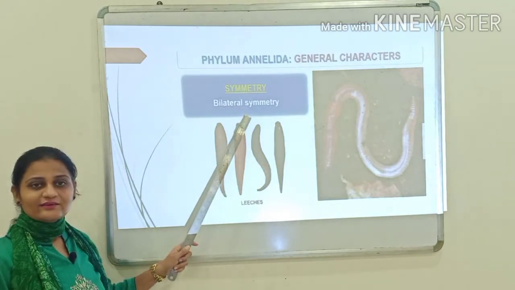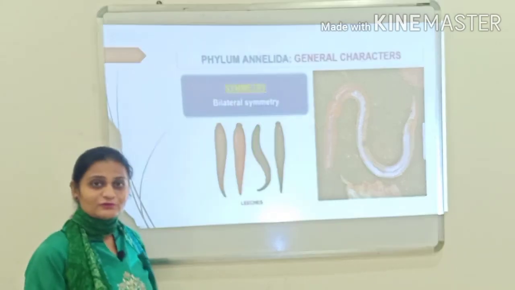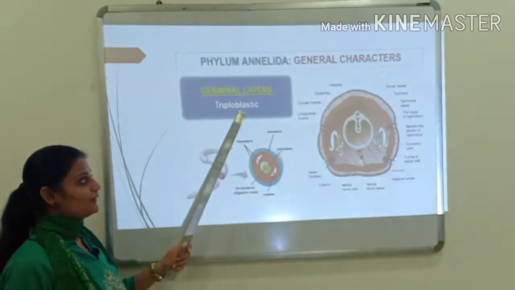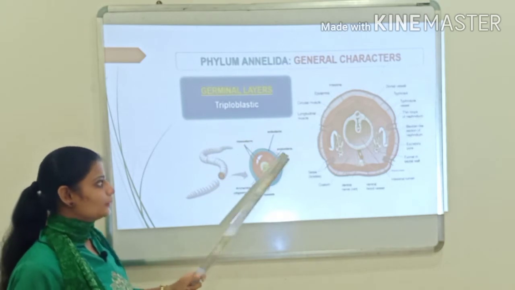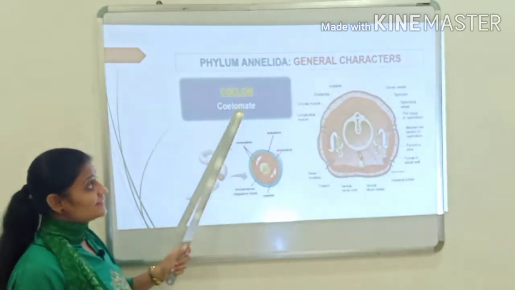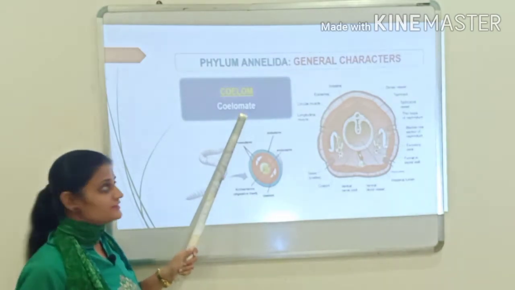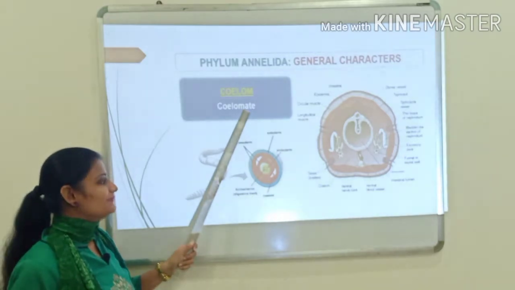They show bilateral symmetry. Now I think there is no need of repeating all these terms because you have studied them many times. They are triploblastic, that means they have ectoderm, mesoderm and endoderm. These organisms are coelomates, that means they have a true body cavity. The body cavity is produced by the mesoderm layer.